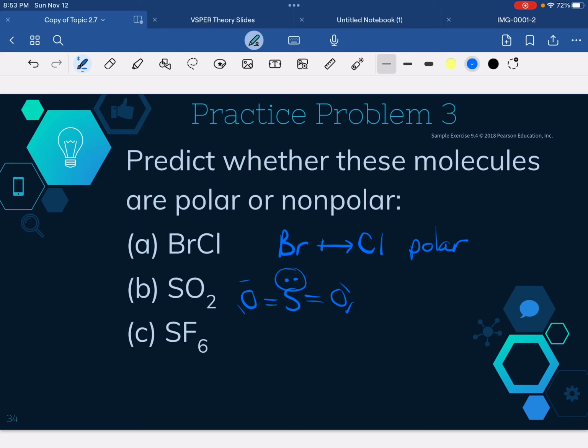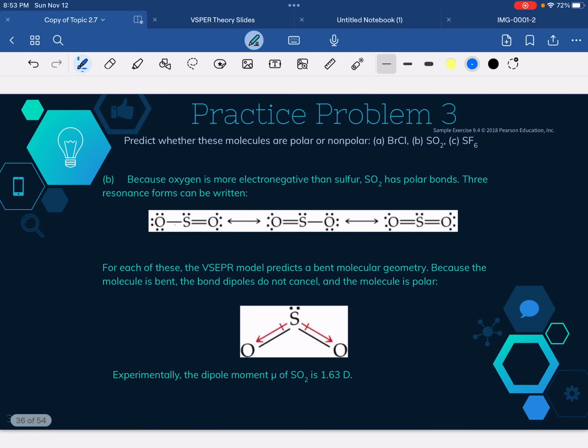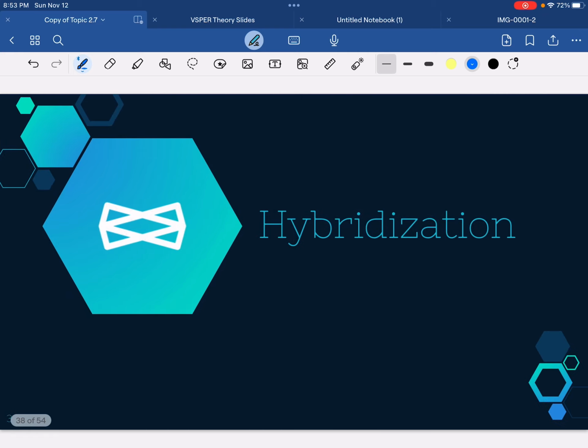Because we have a lone pair, even though we have two dipoles that look like they're going to cancel, that lone pair is going to also make it polar. When we look at SF6, it is octahedral, and octahedral with all of the same atoms around the central with no lone pairs is nonpolar. And these slides go through that answer.